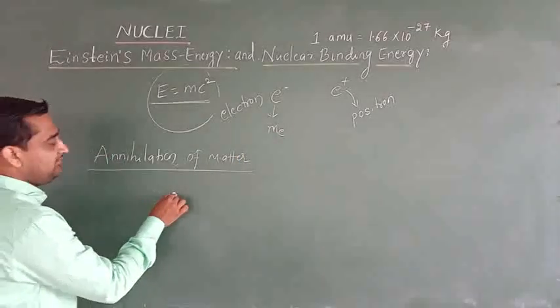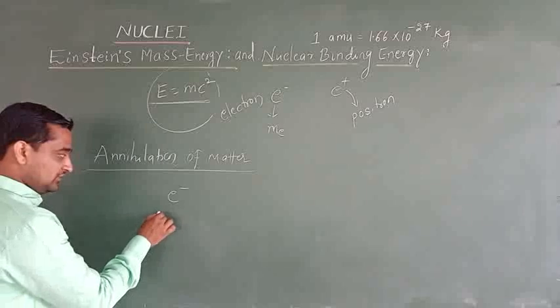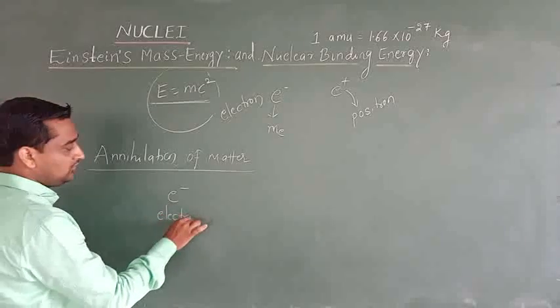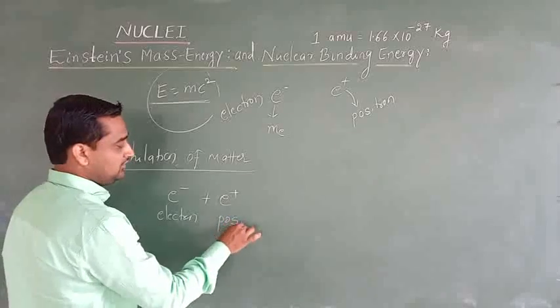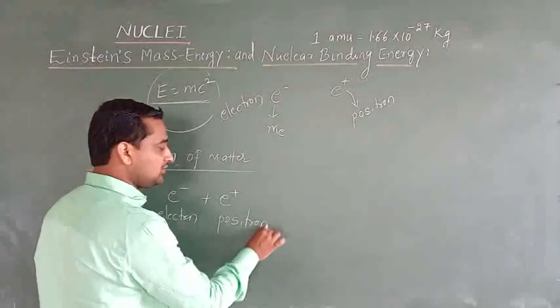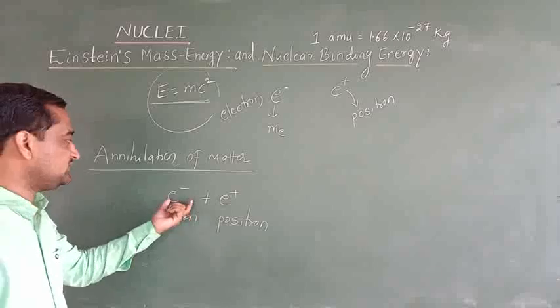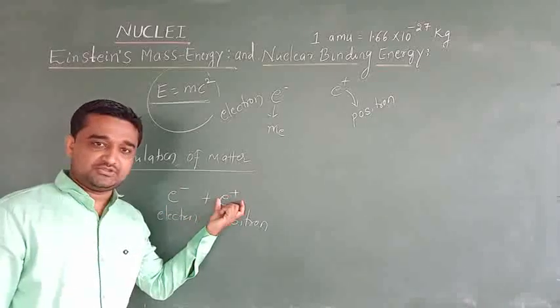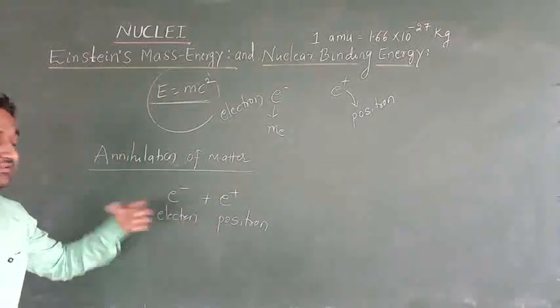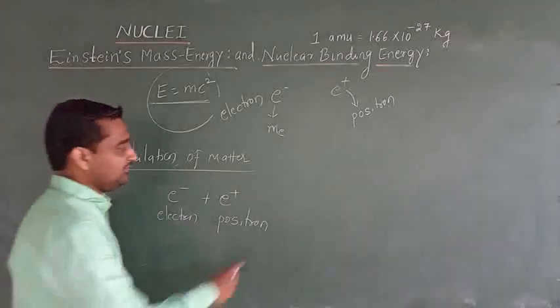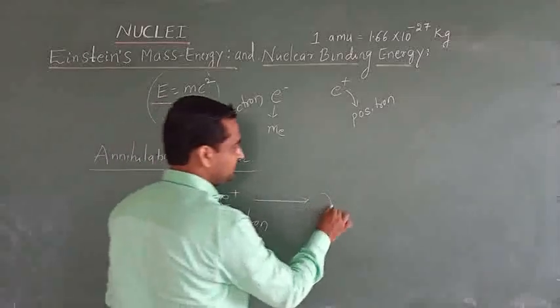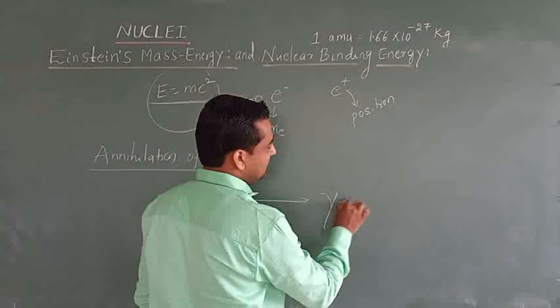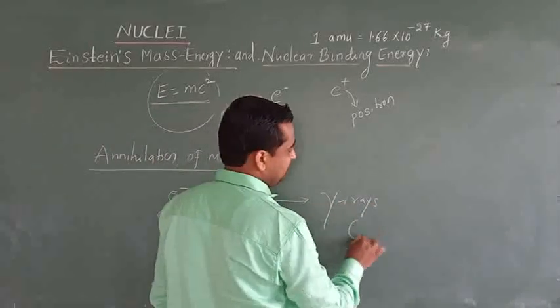When the electron and the positron come close to each other or collide, they destroy each other and form gamma rays. Gamma rays have energy.